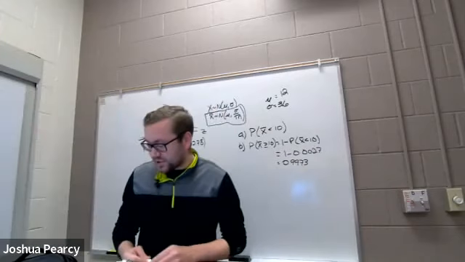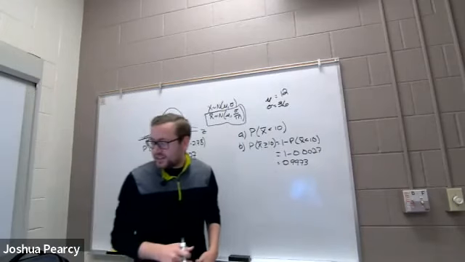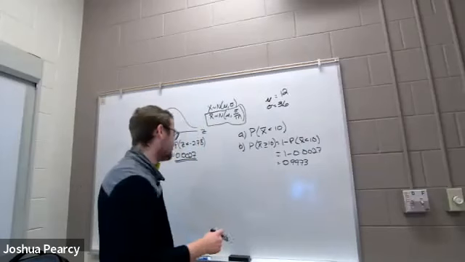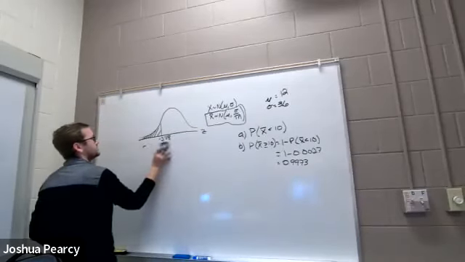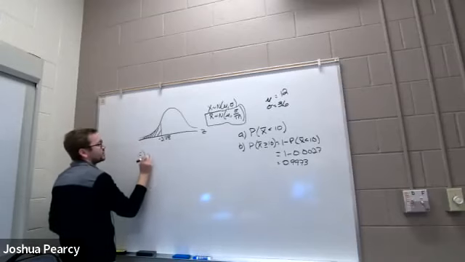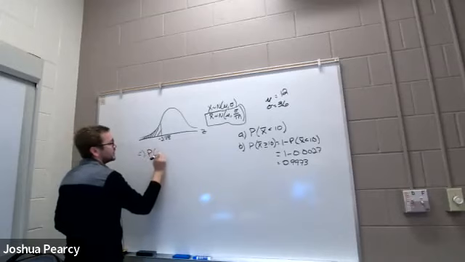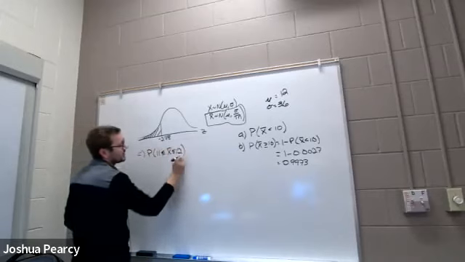Now let's look at the last one. Find the probability that the mean of the sample of 25 is between 11 and 12. That means for C, we're looking for the probability of X bar being between 11 and 12.